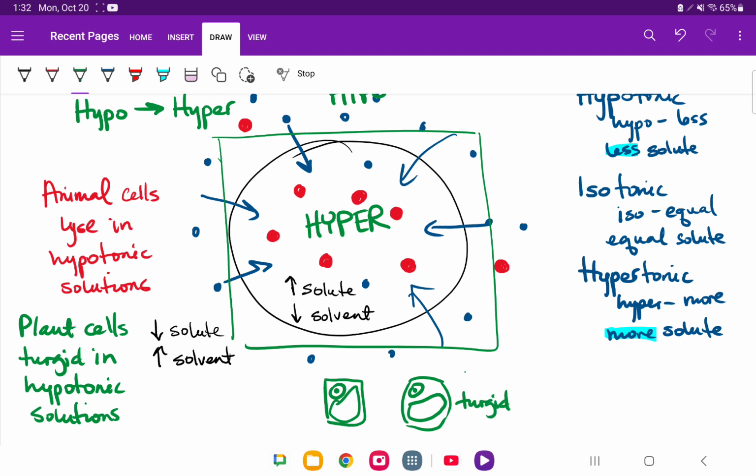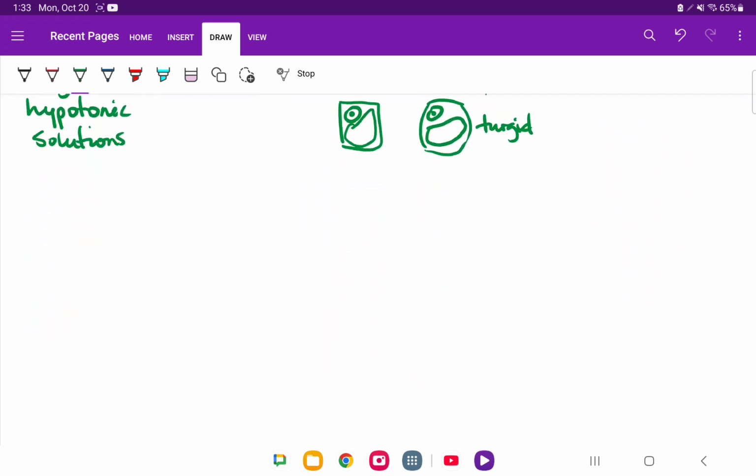This is the best condition for plant cells because remember, plants don't have bones. A lot of their structural support, not all of it, but a lot of it comes from the fact that the cell walls are helping to hold this plant up. And the cell walls can only do that if they are basically completely chock full of water. So turgid plant cells are best. Plant cells are going to be at their ideal condition when surrounded by a hypotonic solution.